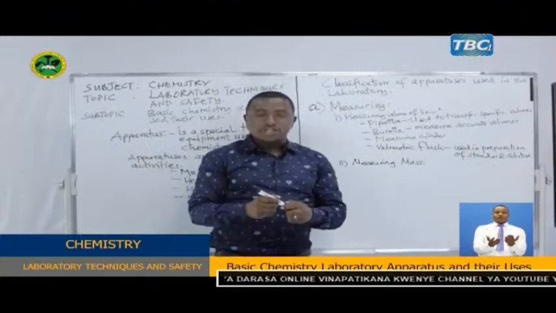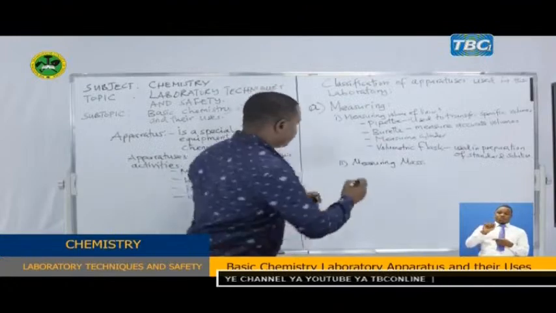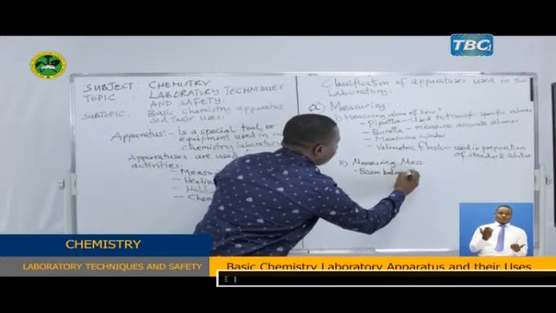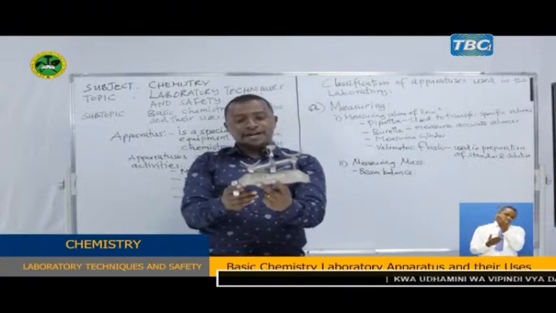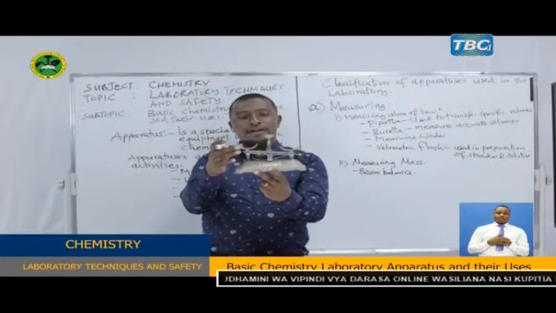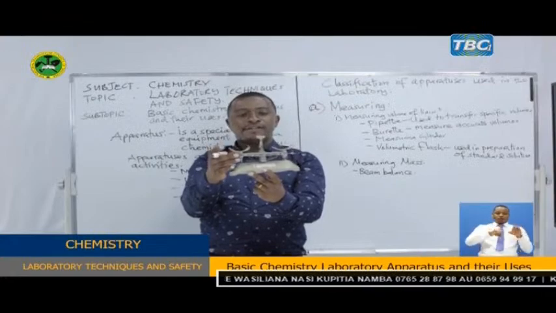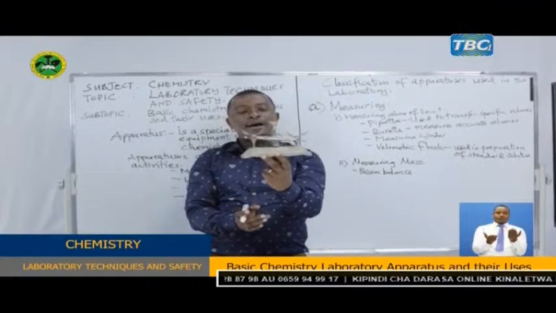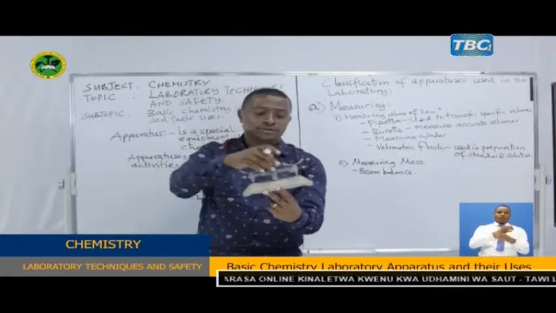The apparatus used in measuring mass is the beam balance. A beam balance is this apparatus here, class. You can see it. Here is where the watch glass with chemical substances is placed. So this beam balance is used to measure masses or weights of different chemical substances in the laboratory.